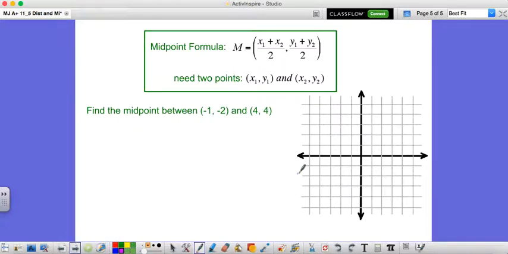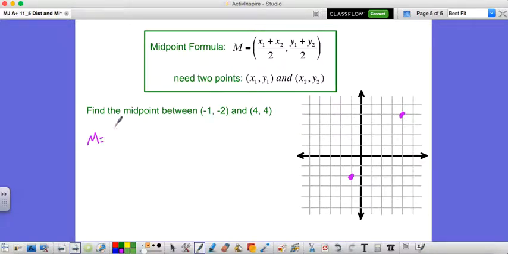Last example, feel free to pause the video and try this on your own, just using the midpoint formula. Okay, we're finding the midpoint between negative 1, negative 2, and 4, 4. So here we go.